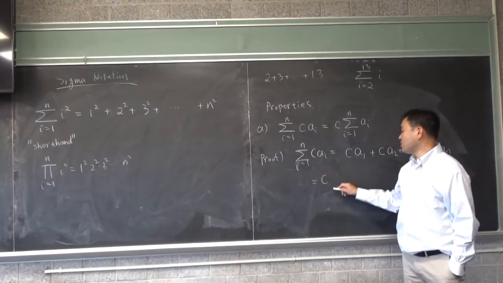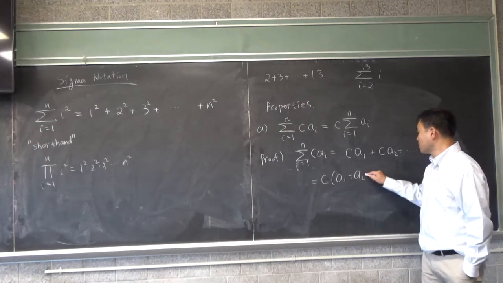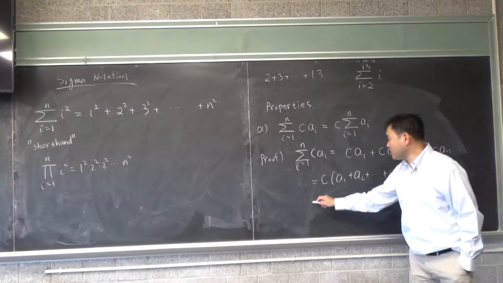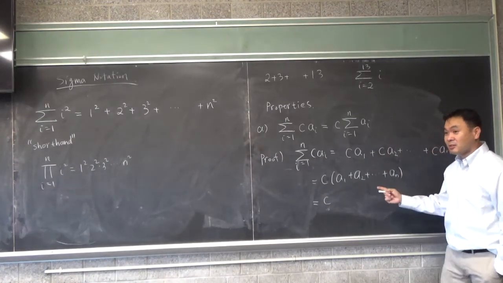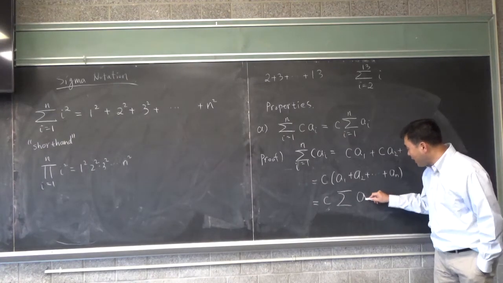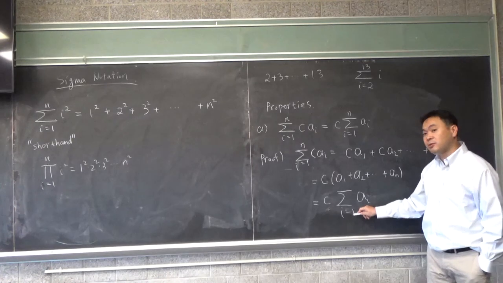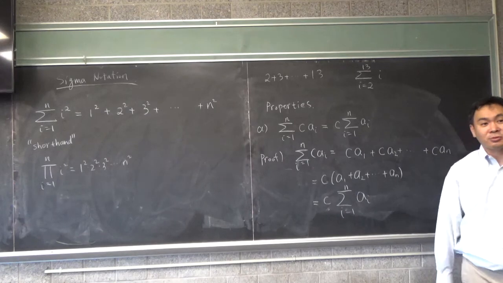You can factor the C out. And now let's see what this is. This is C times this, which is another summation, right? What are we adding? We're adding things that look like A_I, where I starts from 1 and ends at n. Done. That's the proof. Okay?